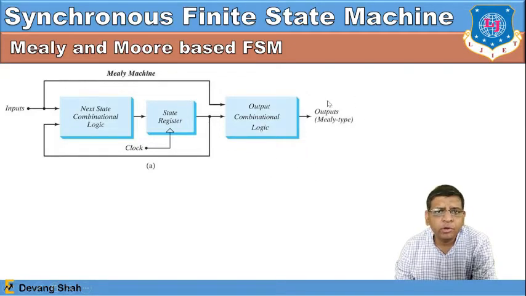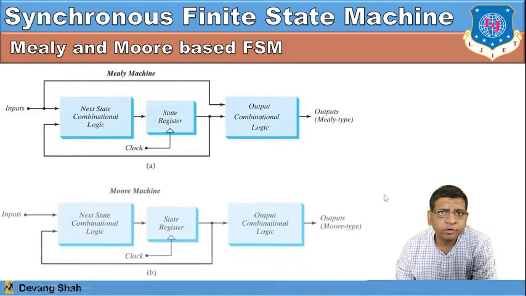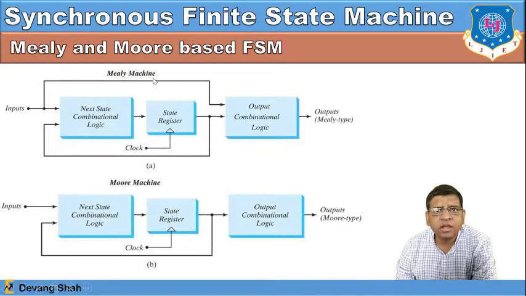And the final output you are going to get, where you can see the input is also feeding the output combinational logic. So there is a direct connection from input to it, and this is required. The output of the state register is again going back to the next state combinational logic. That is always there through the flip-flop or memory. So you can see the difference.